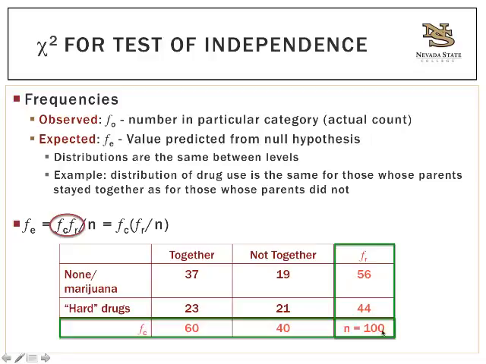So what we're doing then is saying the proportion of those who were in this level, which is 56 over 100, as you can see here, and we're going to multiply that times the number of people that we actually have in that column to figure out, if the null is true, how many people should we expect in this particular group. Now, if all of that talk about proportions and seeing if they're the same between the columns seems a little overwhelming right now, that's fine.